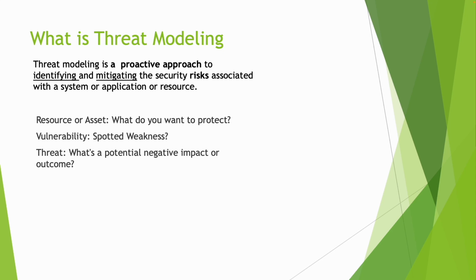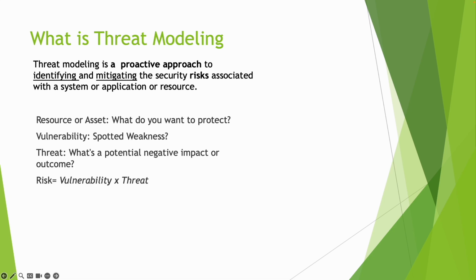Threats are the potential events or actions that can cause harm to a system or an application, for example, unauthorized access. Something called a risk, which is the potential for a threat to occur and the impact it would have on an organization or individual.